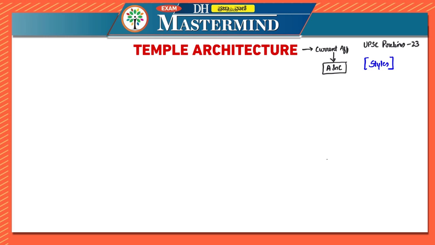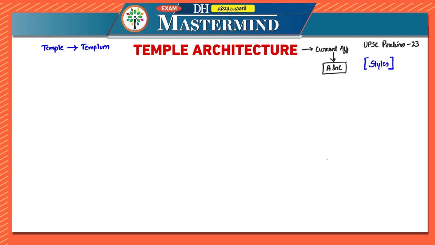So when we say temple, this word itself is derived from the Latin word templum. This templum means a sacred precinct. In other words, it is a structure which is reserved for religious or spiritual activities such as prayer, sacrifice, and other rites.